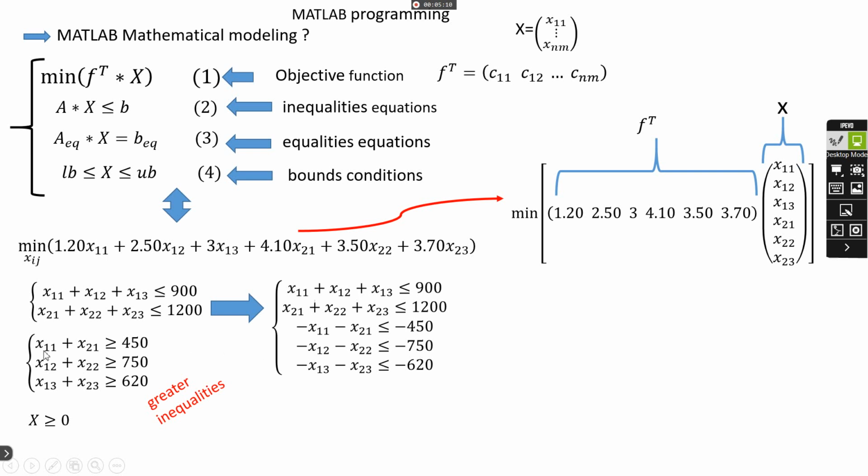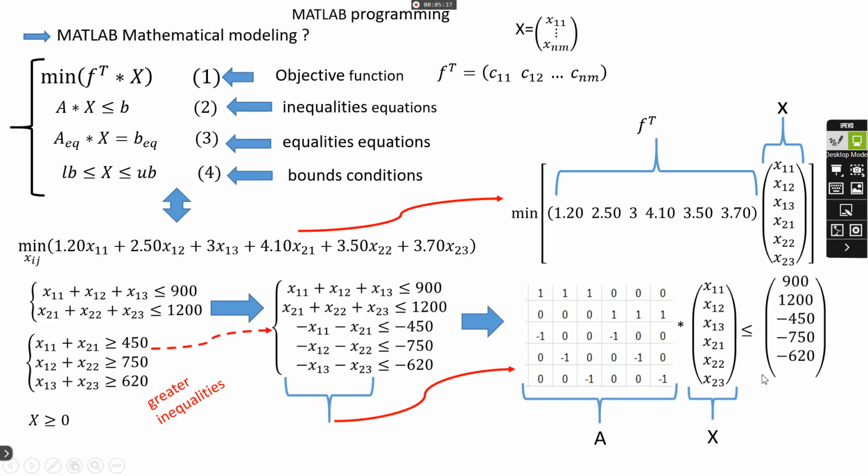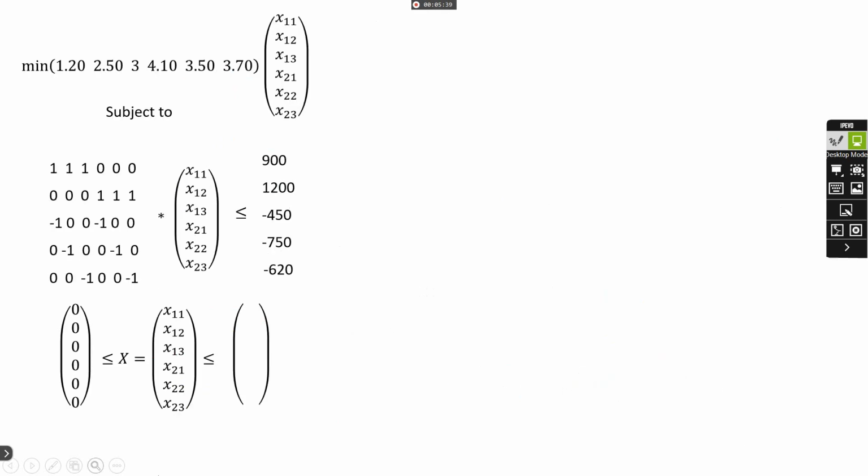For example, the equation x11 plus x21 is greater than 450 becomes minus x11 minus x21 is less than or equal to minus 450. Then we get the matrix form.